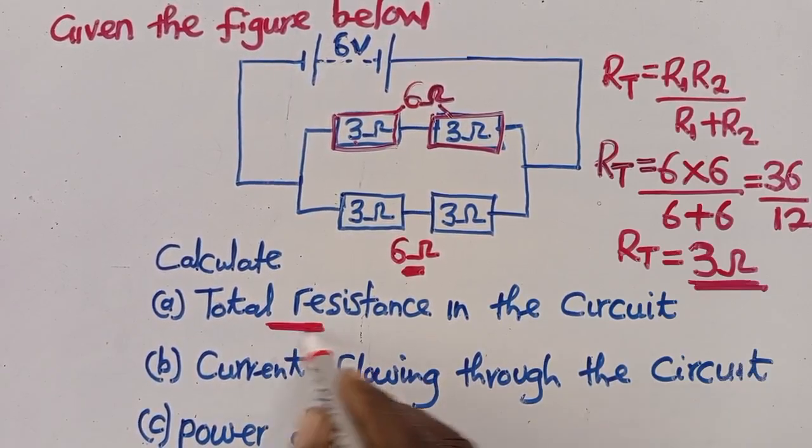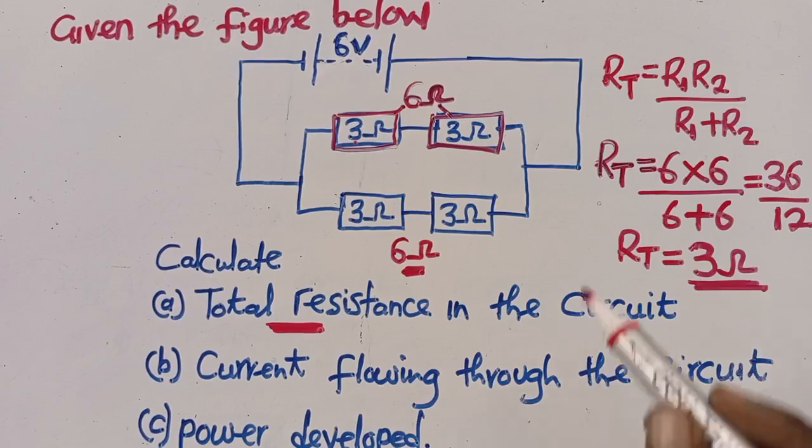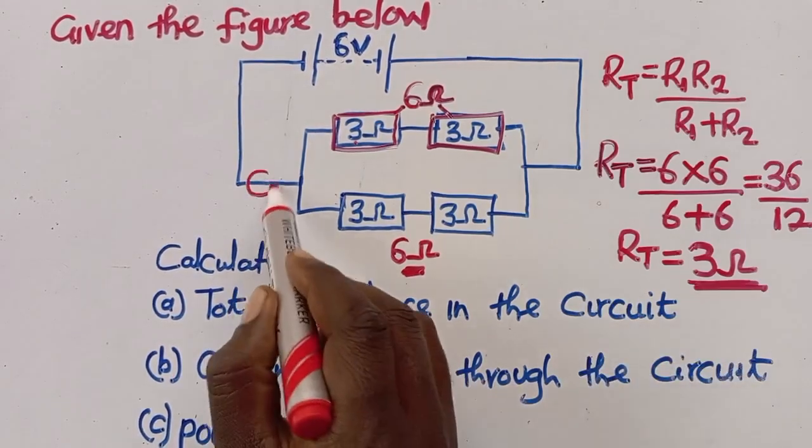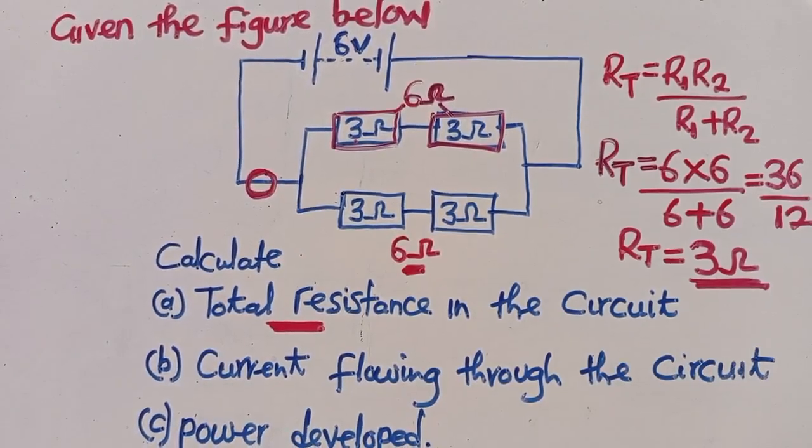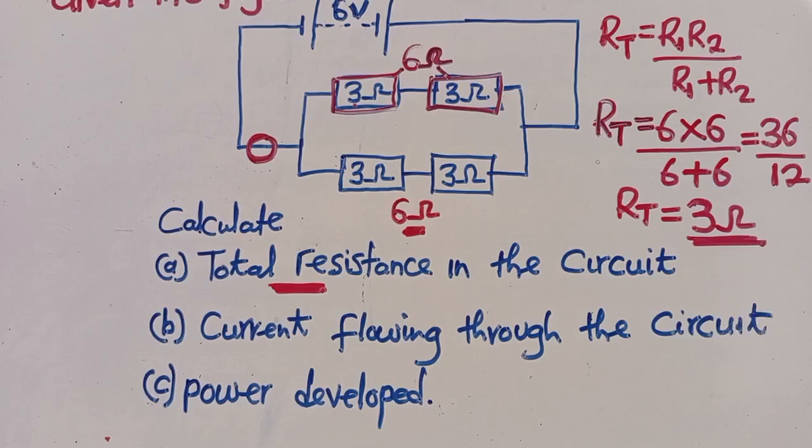So we are done with the total resistance. Sometimes they can even put another resistor here, so you need to know how to go about all these questions. I'm just here to make them simple so that if you face such a question in an exam, you are able to answer it and know how to go about it.